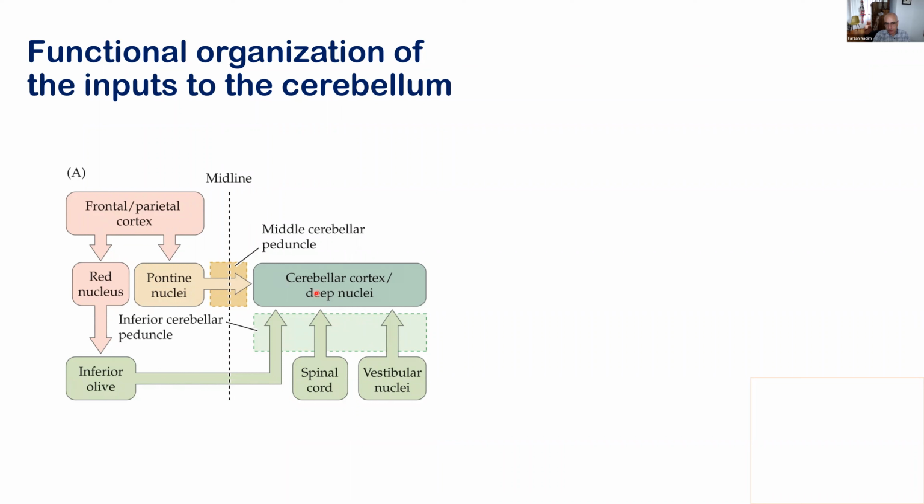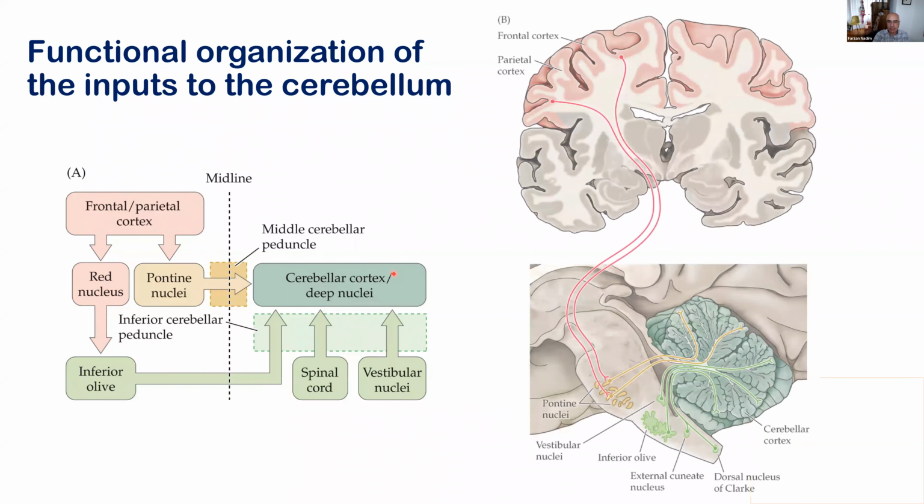The spinal cord projects to the cerebellum, and the vestibular nuclei project to the cerebellum. This is basically showing schematically how that happens. These are the cortical ones coming to the pontine nuclei, the ones from the inferior olive, from the dorsal nuclei, and the cuneate nucleus.